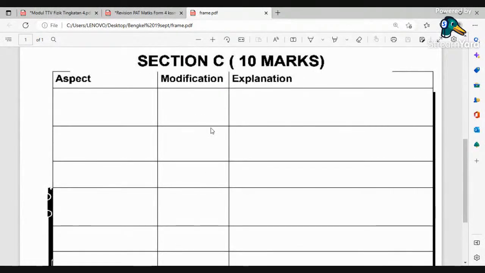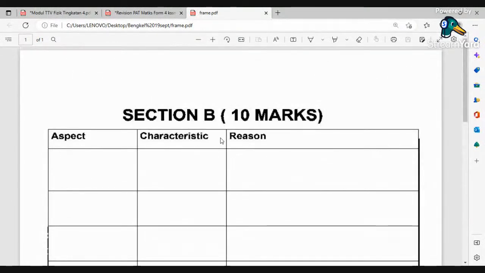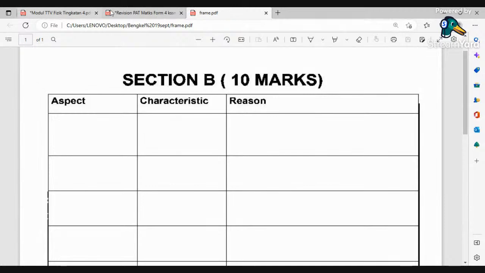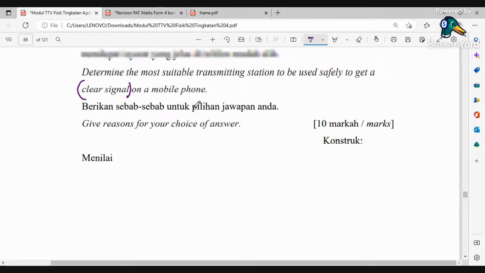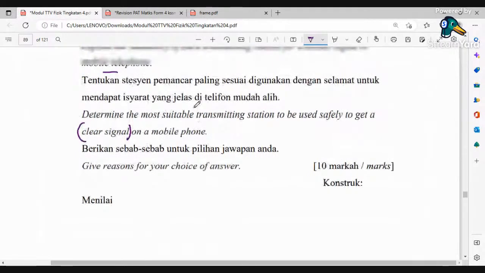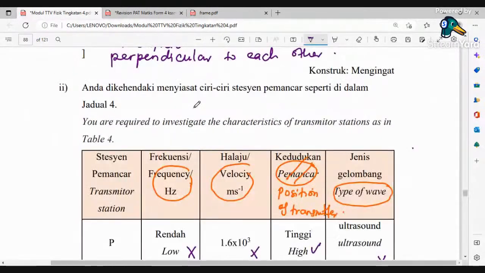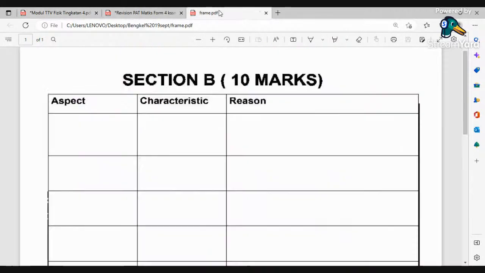Okay, so we can write the answer in this table form. The first aspect that we need to include is frequency of wave, velocity of wave, position of transmitter, and type of wave.